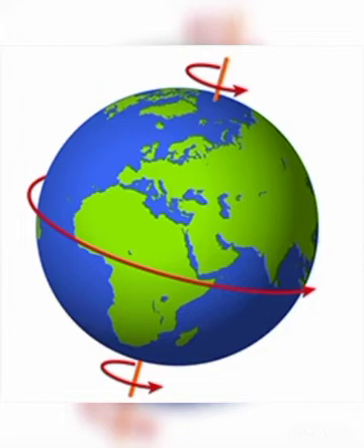The earth's axis is an imaginary line that passes through the north and south poles. That is also very important. We already learned it in the previous chapter.